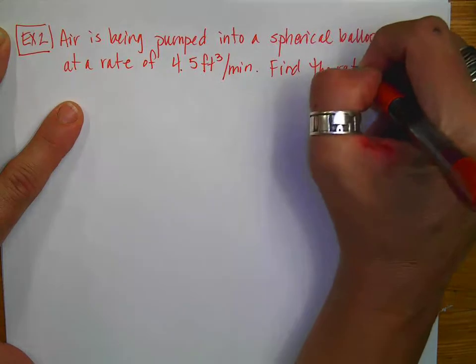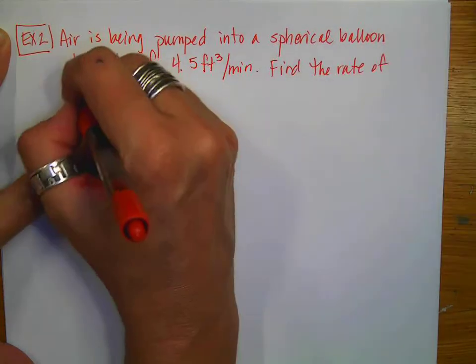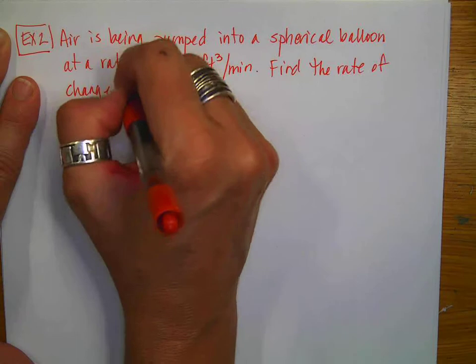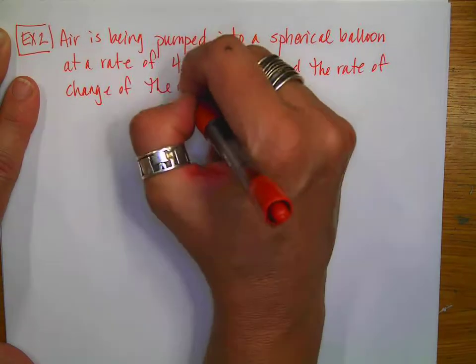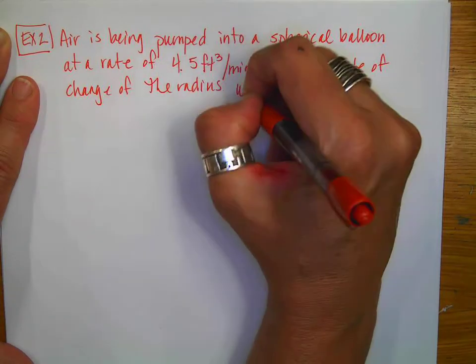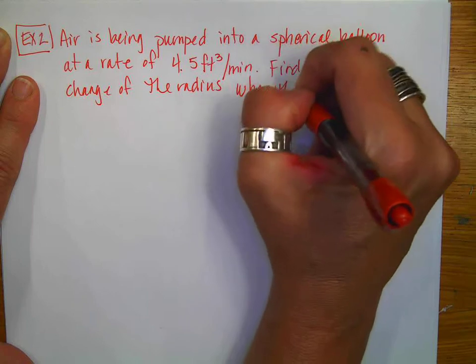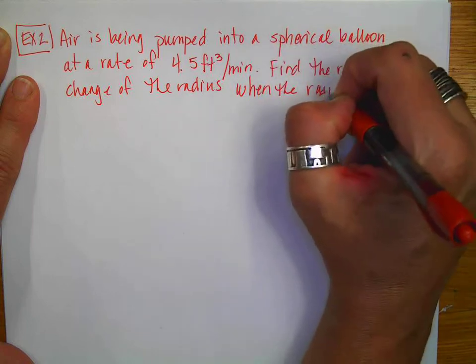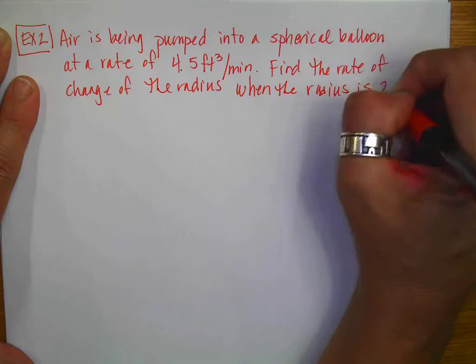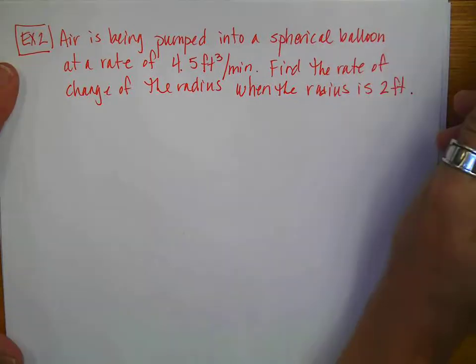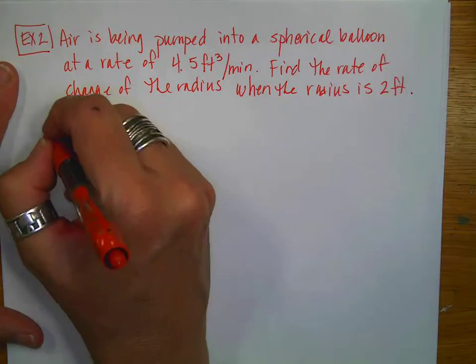Find the rate of change of the radius when the radius is 2 feet. All right.